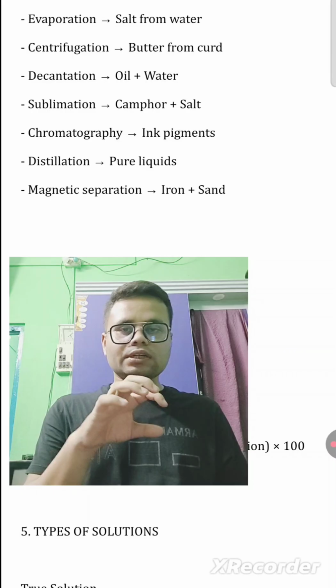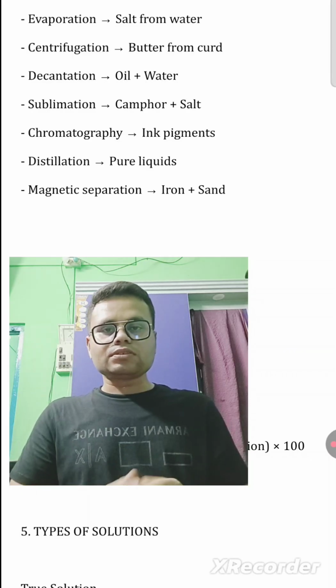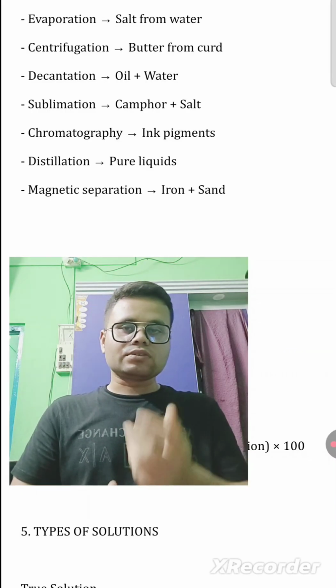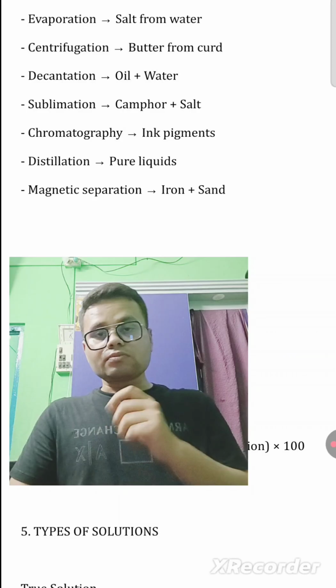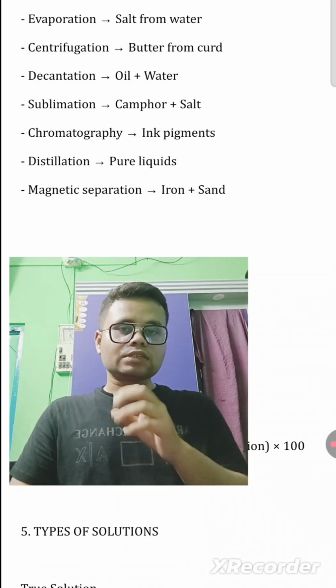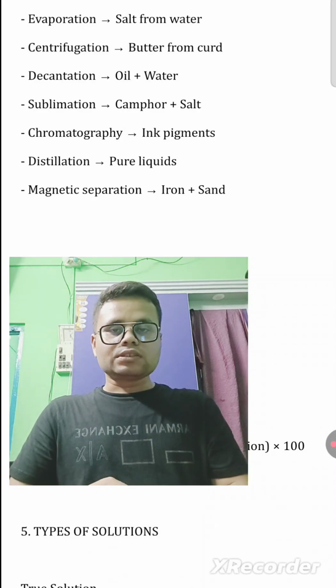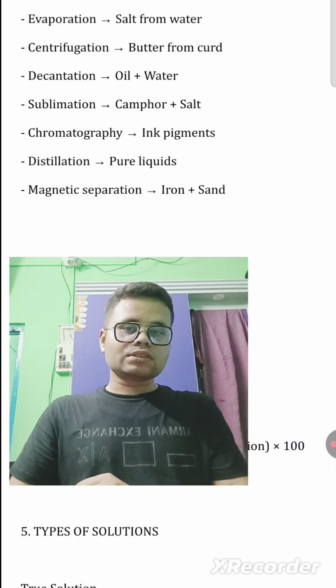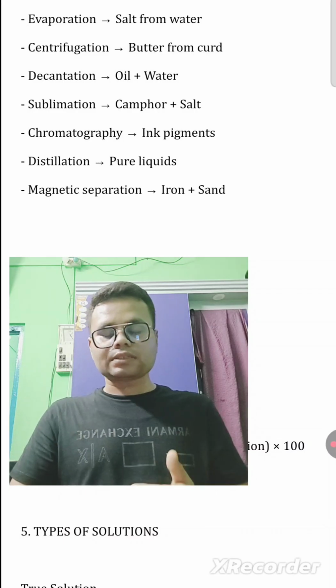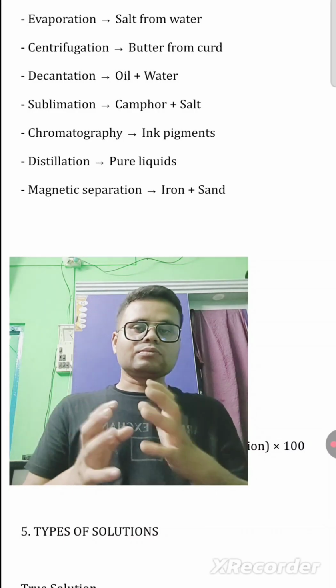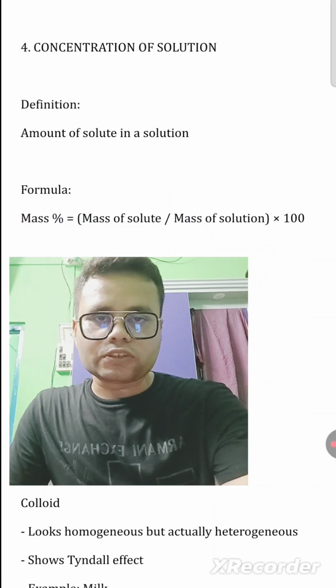Sublimation is for camphor and salt. Chromatography is for ink pigment. Distillation is for pure liquids. And magnetic separation separates iron and sand from each other.